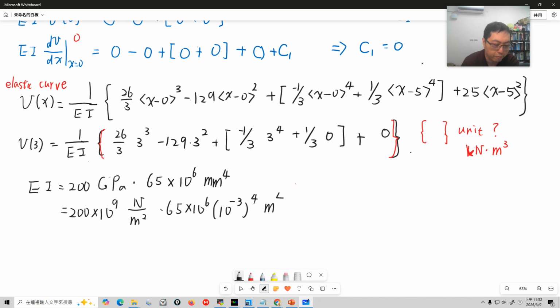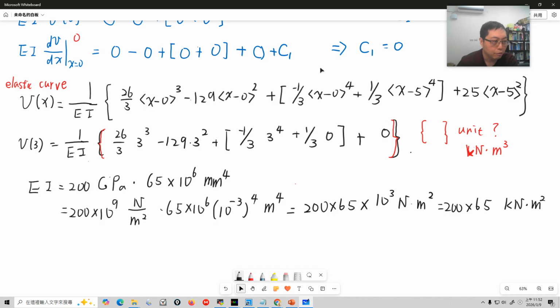So let's do a little arrangement here. Here will be 20 times 65 times 10 to the power 3 Newton times meter square. So this will lead to 20 times 65 kilonewton times meter square.